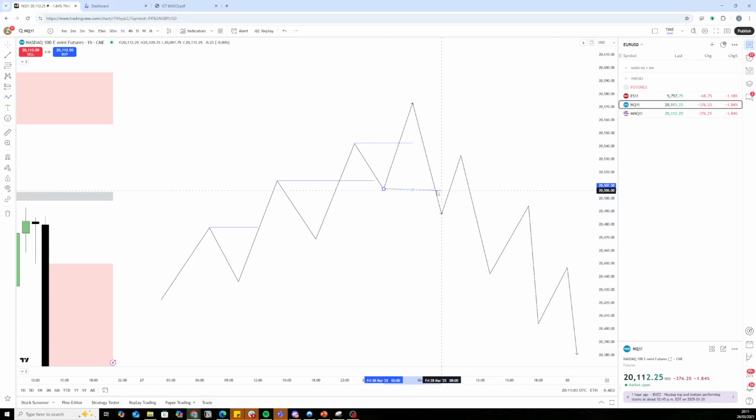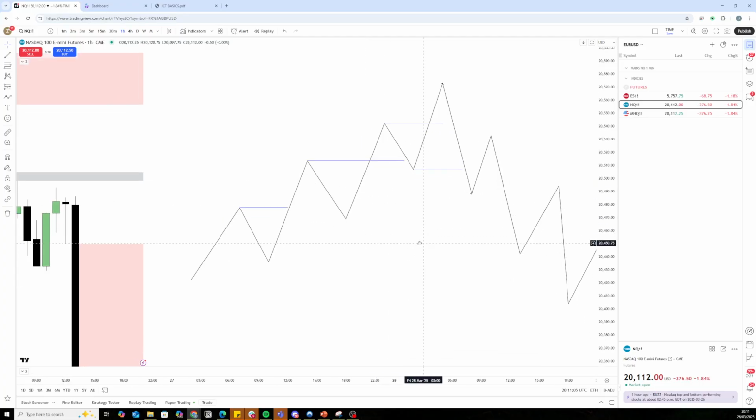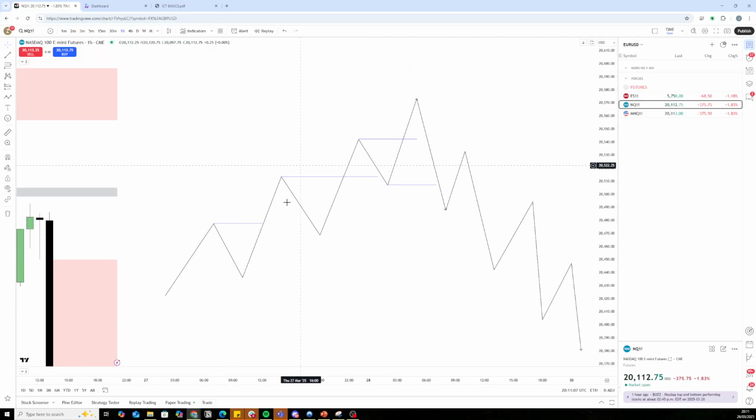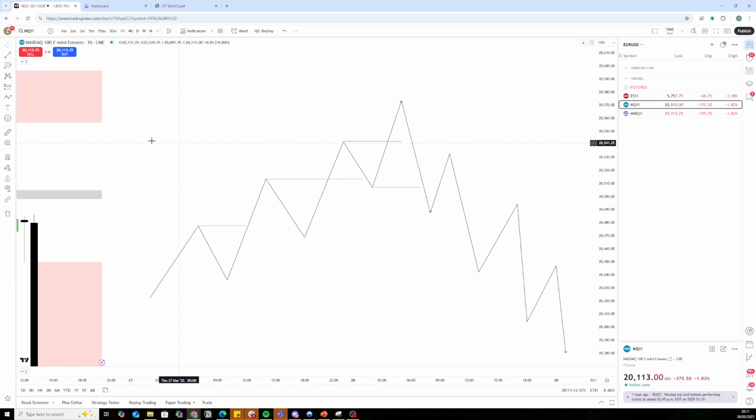So this is what we mean by a market structure shift or a change of character. Basic market structure shift here, market structure context here. Okay. So this is the basics, higher highs, higher lows, higher highs, higher lows. And we're taking this literally, to the point that when a low here is clearly broken, then it's a shift in gears in the market altogether. Okay, good. Everyone's clear on that.